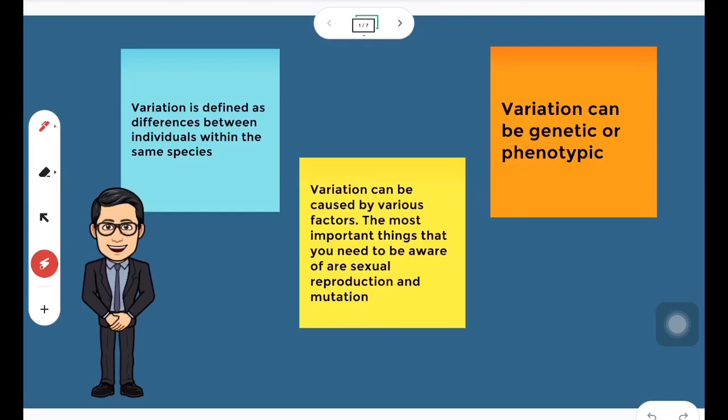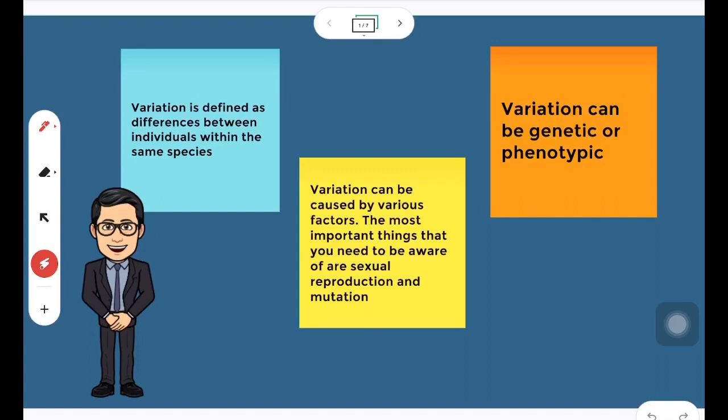Now, variation can be genetic or phenotypic. When we say genetic, it means the differences in genetics among individuals within the same species, mainly due to sexual reproduction and mutation.